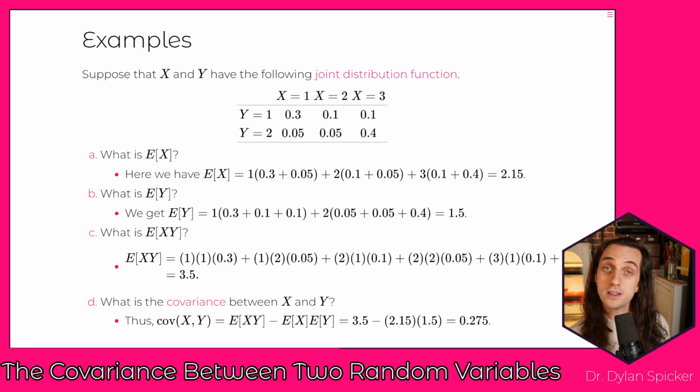And so there is a positive linear relationship between these two variables. And if we think about what's going on here, this probably should make some sense, right? If we look at where there is high probability, there's high probability in this 0.3 and in this 0.4 term. And what is happening there? Well, in the 0.3, x is at its lowest value and y is at its lowest value. And in the 0.4, x is at its highest value and y is at its highest value, right?